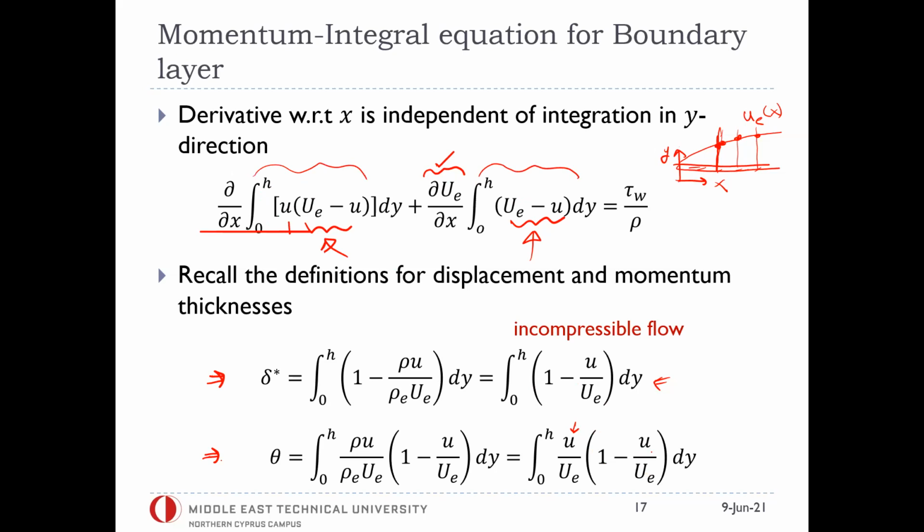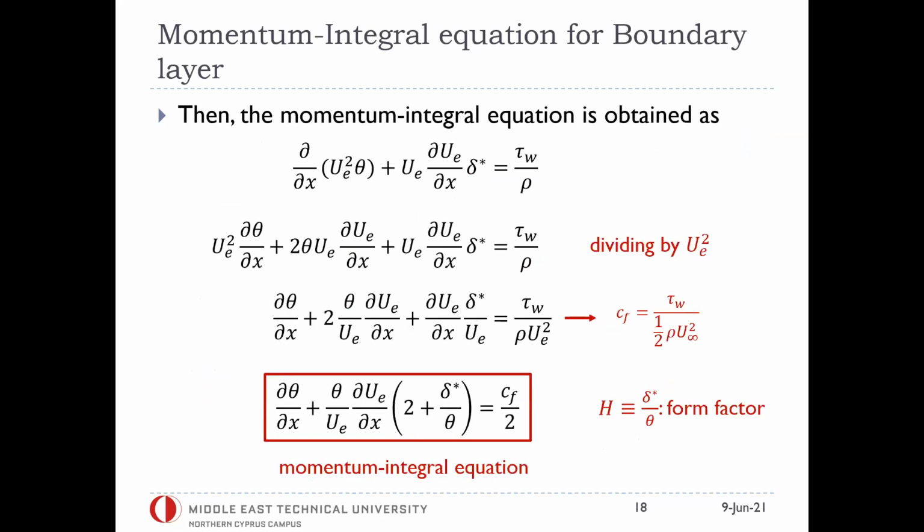I am interested in finding those parameters, if possible, by direct integration of some equation. So we make use of these definitions of delta star and theta, displacement thickness and momentum thickness, to come up with this equation. The first term looks something like this: d/dx of U_H squared times theta.